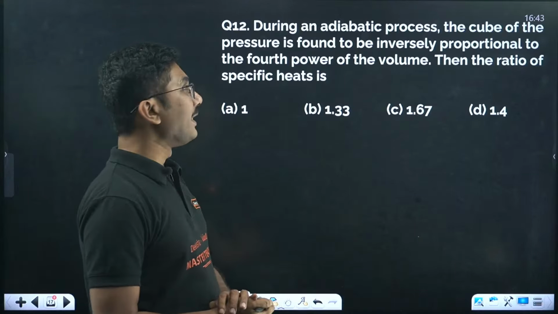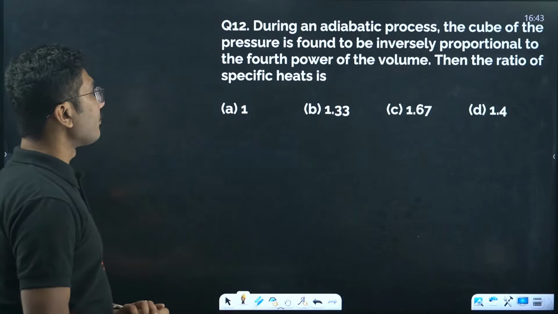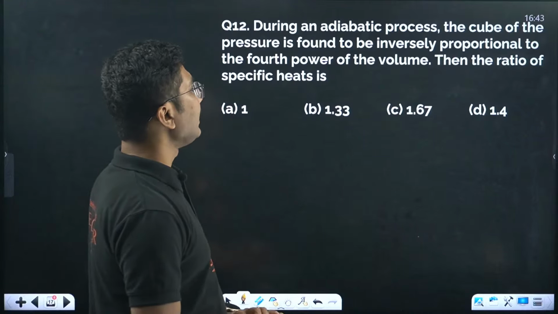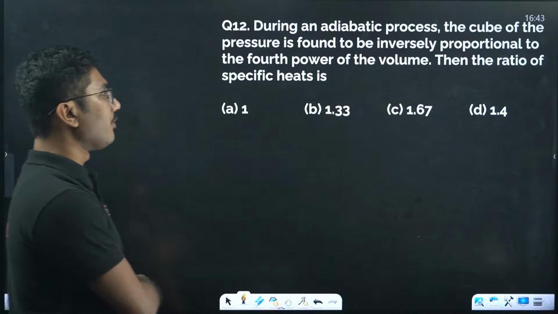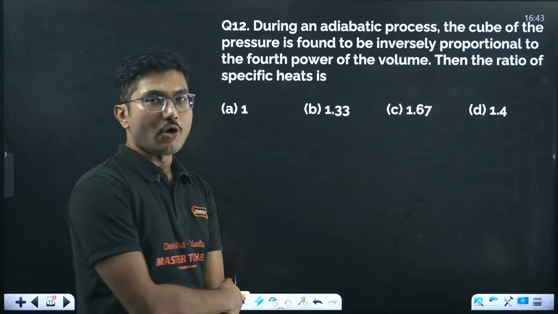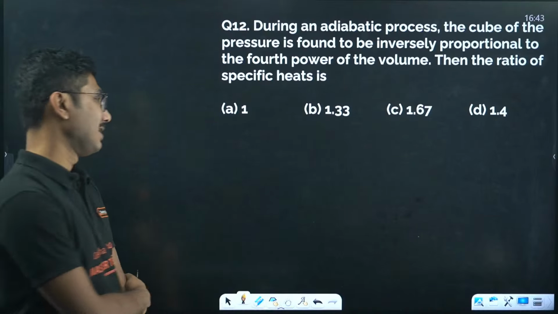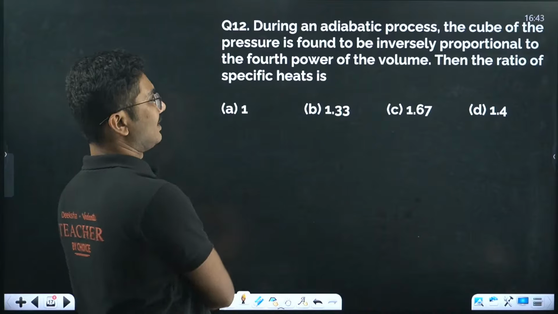During an adiabatic process, the cube of the pressure is found to be inversely proportional to the 4th power of the volume, then the ratio of specific heat is. Very interesting question.